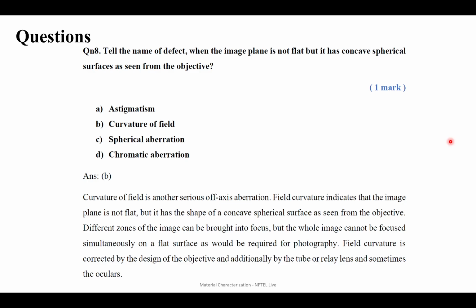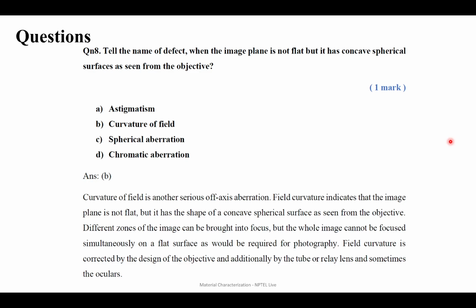Curvature of field is a third-order off-axis aberration. Field curvature indicates that the image plane is not flat, but has the shape of a concave spherical surface as seen from the objective.